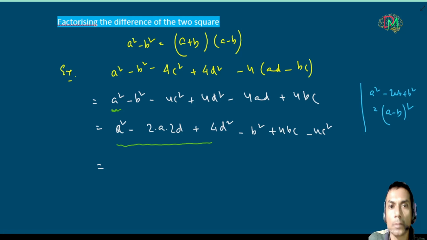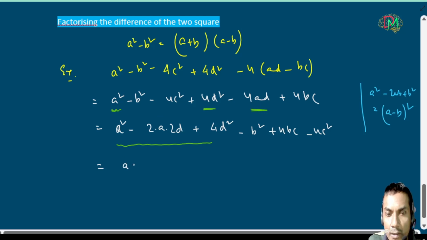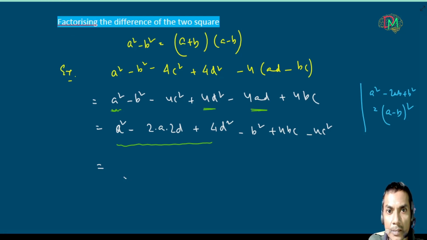Okay, so this is one group, a square, 4d square and 4ad, and this is the other group. So next is (a minus 2d) whole square, or directly you can do it, but here we try another extra step for your clear understanding.